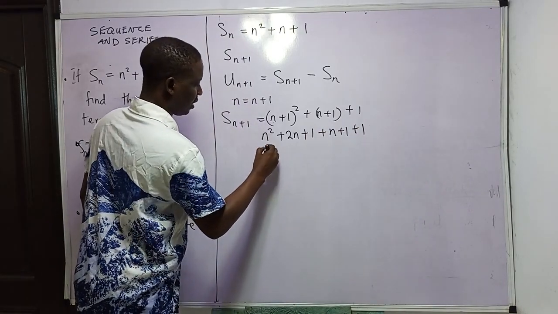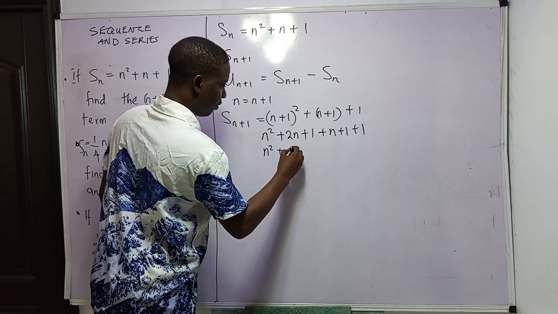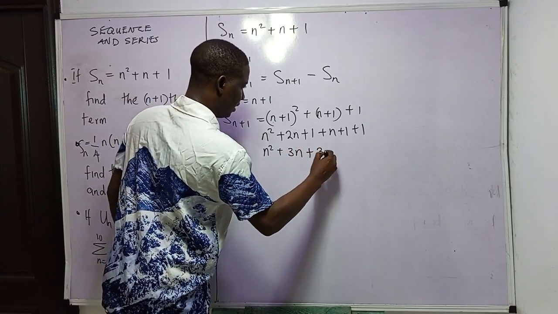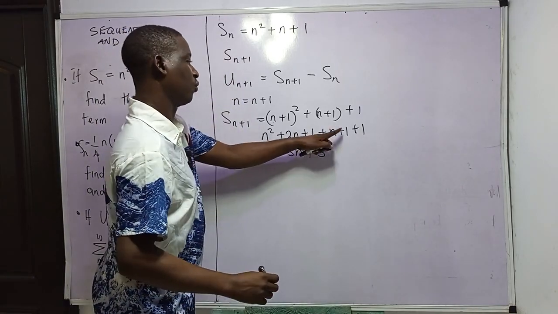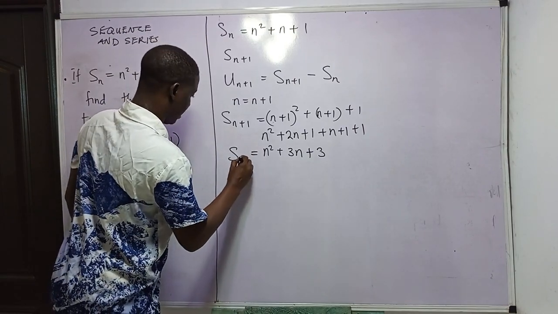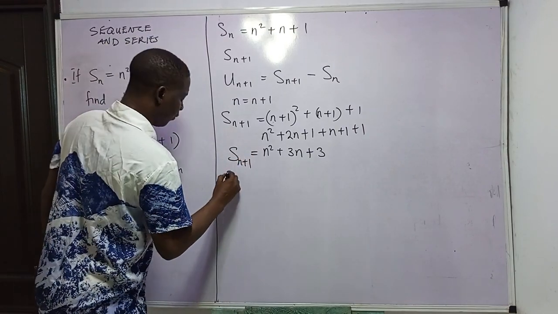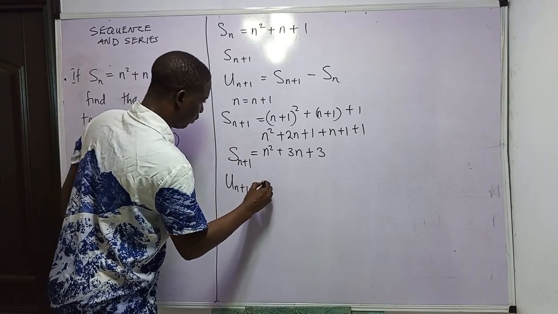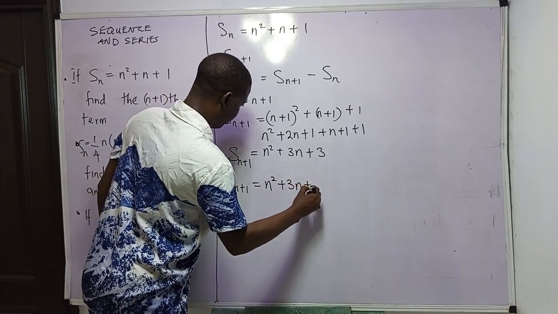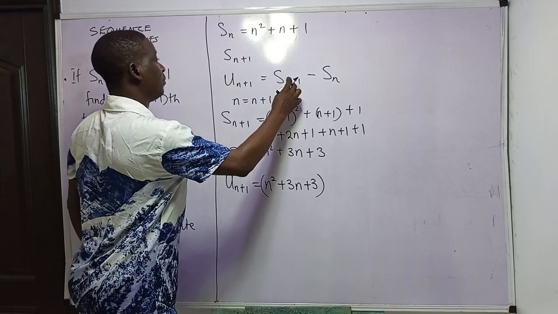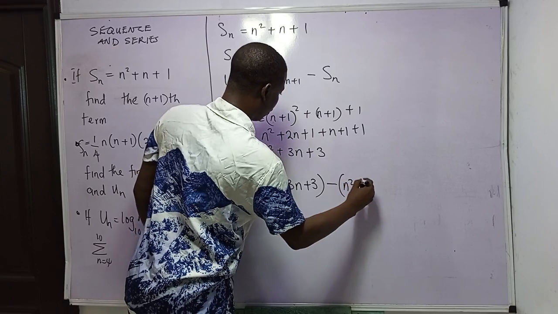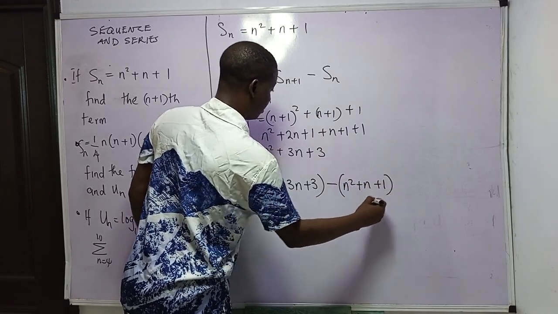So that will give us n squared plus 3n, this plus this, plus 3, 1 plus 1 plus 1, equal to S n plus 1. Now we are looking for u n plus 1, which is S n plus 1 minus S n, n squared plus n plus 1.